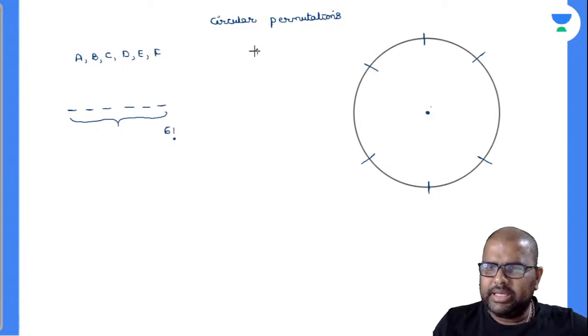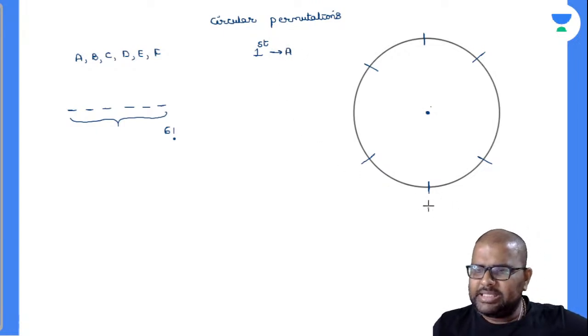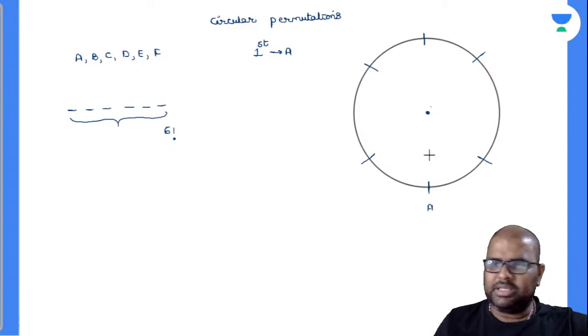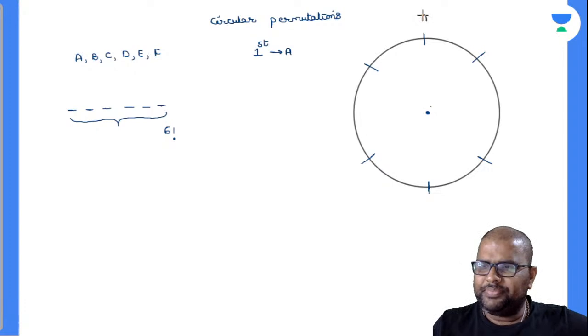On this empty chair, the first person I'll take down as A will be seated in how many ways? Let's suppose A is here: immediate left of A is 1 person, immediate right of A is 1 person, opposite to A is 3 persons. Okay, I'll change the position of A. Now A is here.